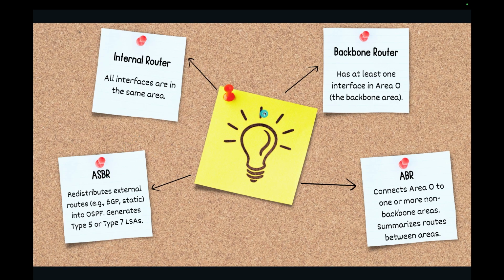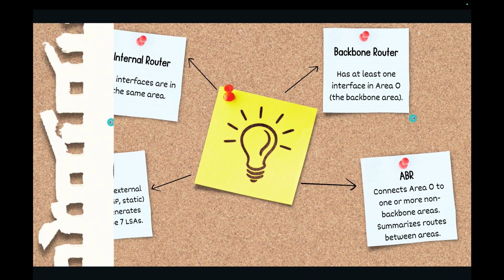Those are two different autonomous systems. That's why this router can be considered an ASBR, which redistributes external routes, let's say learned by BGP, static routes, or RIP, into OSPF, and it also generates type 5 or type 7 LSAs. That is the main thing about the ASBR, and these are the main router types in OSPF.